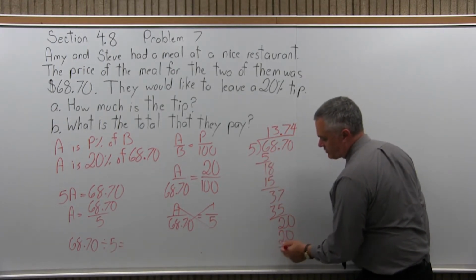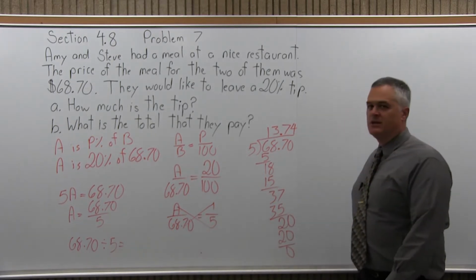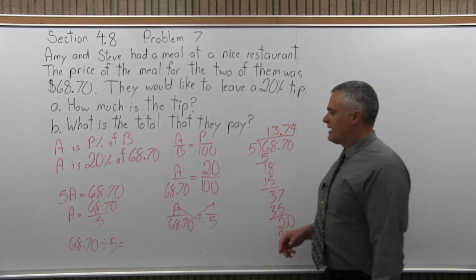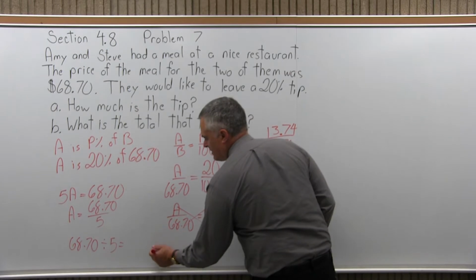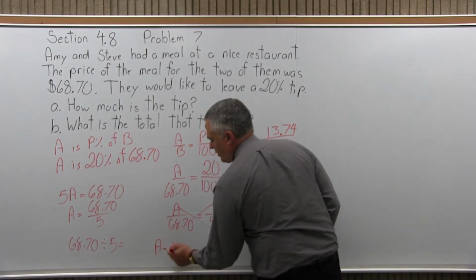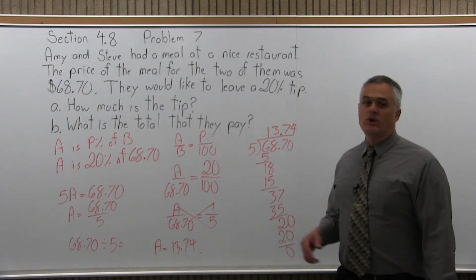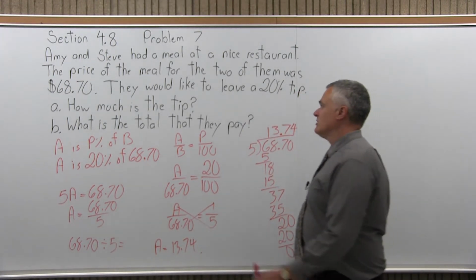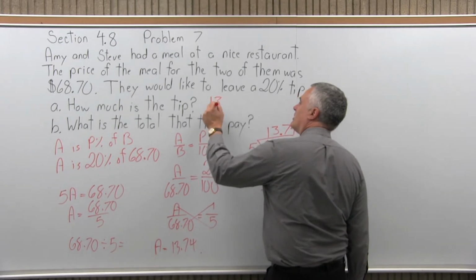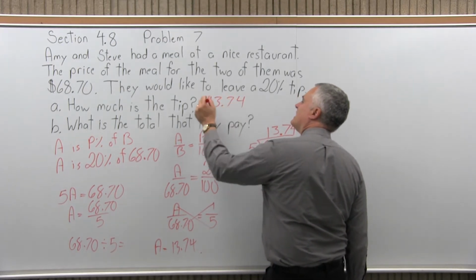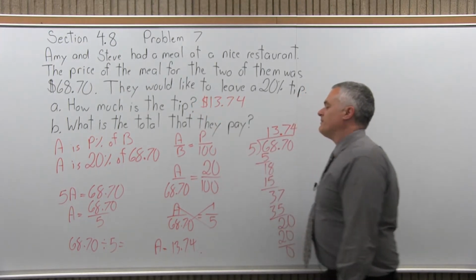I have 20 minus 20, remainder is 0. Perfect. So the answer I get is A equals 13.74. And what was that we found? That is 20% of the meal cost, so that's the tip. That's a good tip. If you leave a tip of $13.74, that's a good tip.